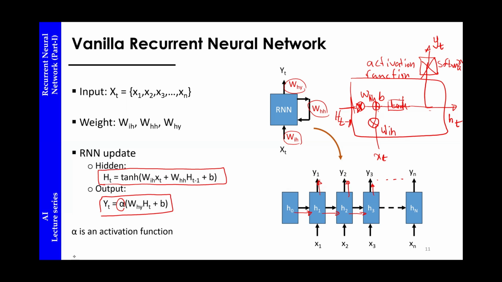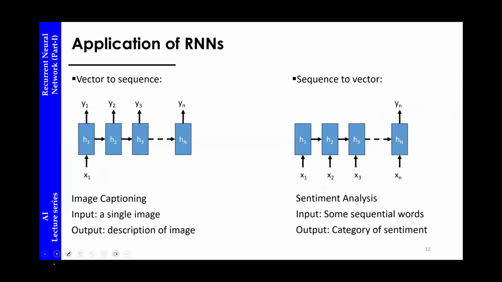Let me give you some examples of recurrent neural networks, I mean, where we usually use them. Neural networks can be used in different situations, and they can have different configurations.